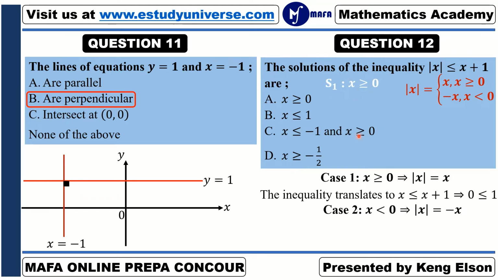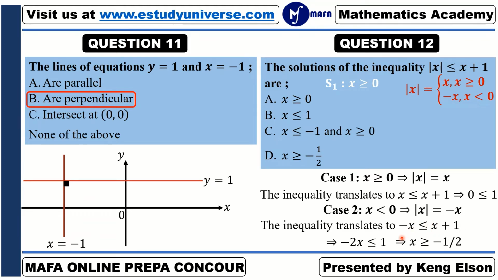Now, the second case, we now replace the absolute value of x with negative x, bearing in mind that in that situation, our x is supposed to be negative, meaning less than 0. So if we replace the absolute value of x with negative x, we can solve the inequality. We subtract x on both sides and then we divide both sides by negative 2. The inequality sign reverses to greater or equal to.